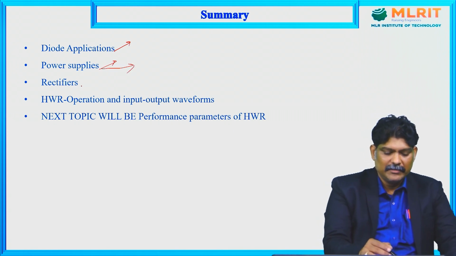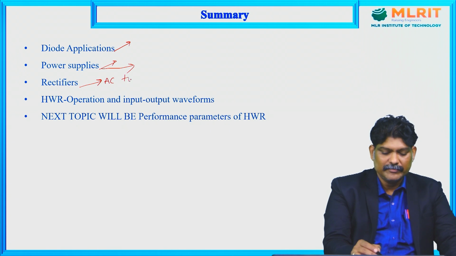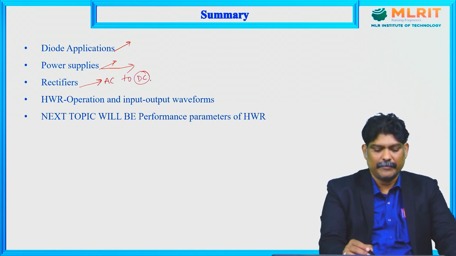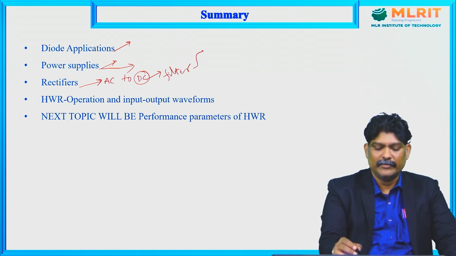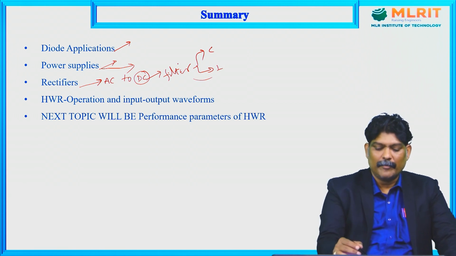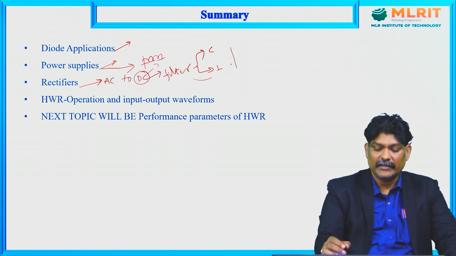The main application of the diode is the rectifier, which converts AC to pulsating DC. This pulsating DC is applied to a filter. Filters are divided into inductive filters and capacitive filters, which we will discuss in later classes. The filter removes the ripples in the DC, and then finally you get pure DC after applying the voltage regulator.